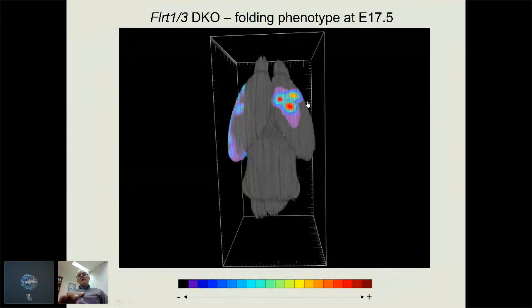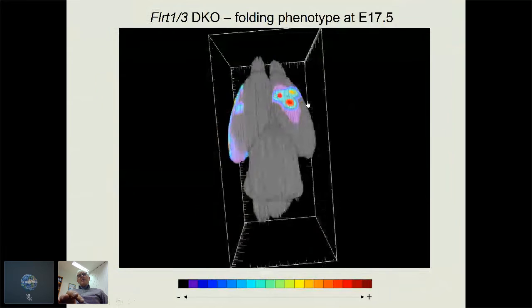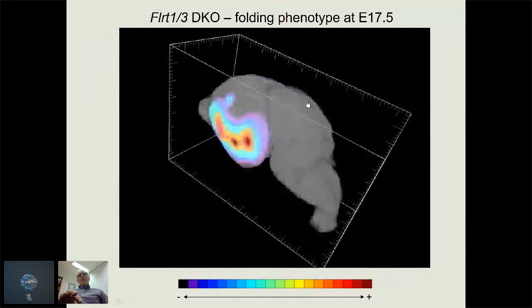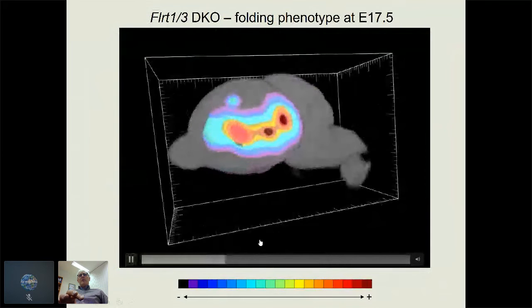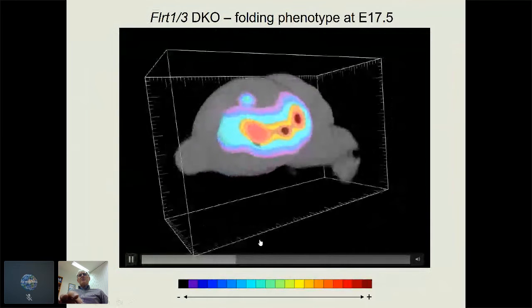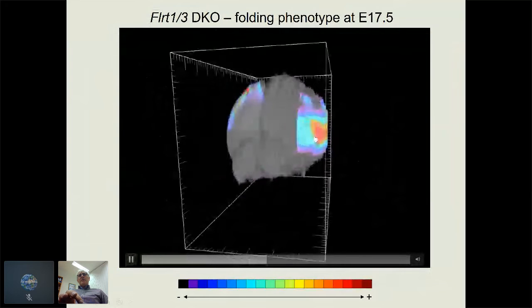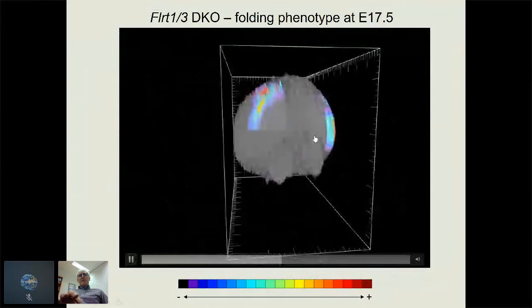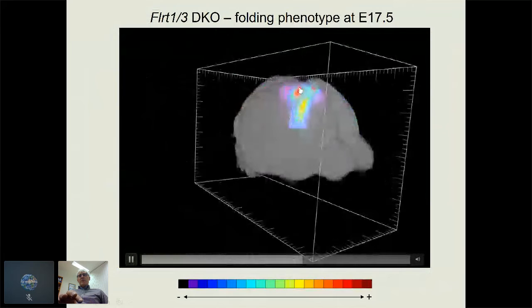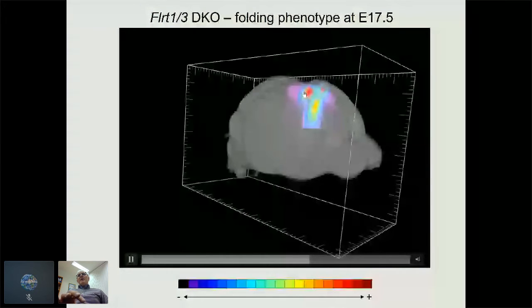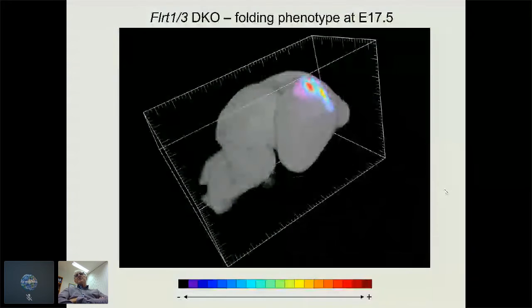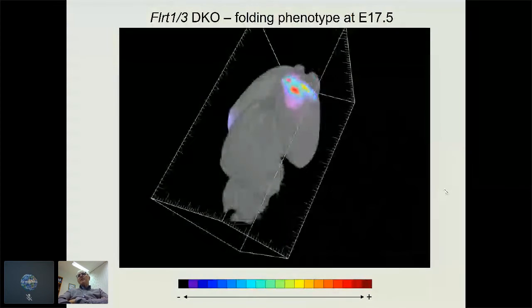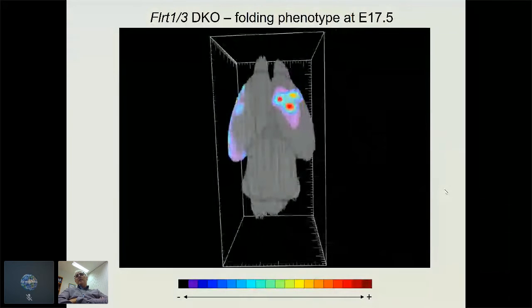And here, Dani summarized the locations where we see the folds in something like 8 or so embryos. We see them most often on the left side in the lateral region, sometimes on the right side in the more medial region. We now think that this is perhaps caused by the Nestin Cre driver.